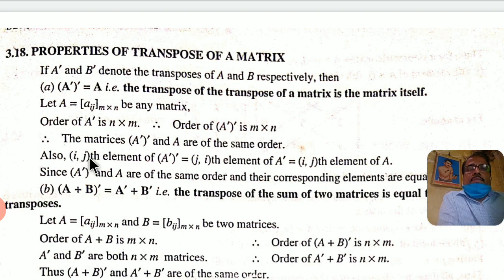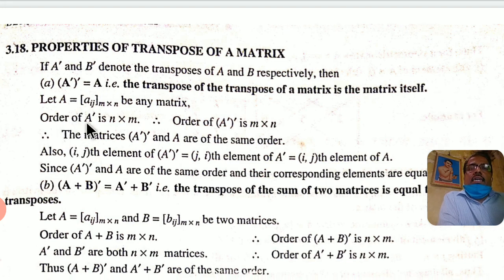Now see here, let a matrix A, which contains the elements Aij, be of order m cross n. Then the order of A dash is n cross m, because A dash is the transpose of A. Taking the transpose of A dash again, A dash of A dash, if you reverse it again, it becomes m cross n.